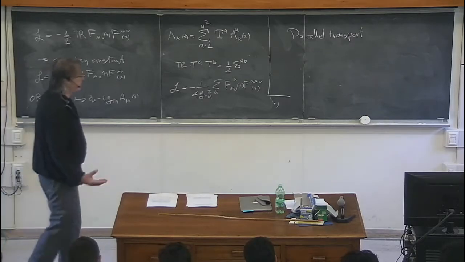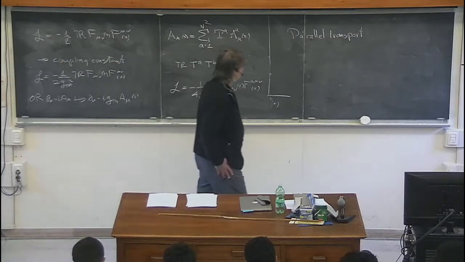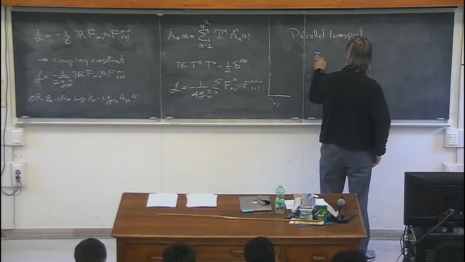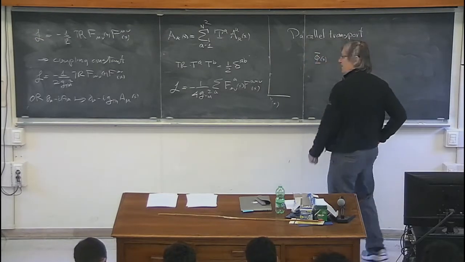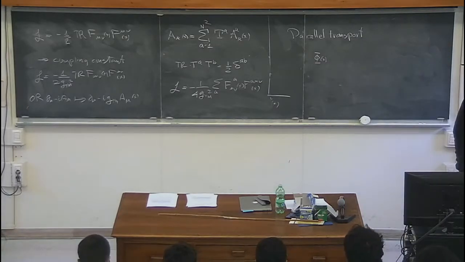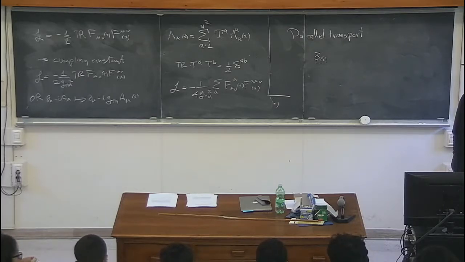This convention should be compatible with the geometry. Maybe transporting is not quite the right way to say it. Probably it's more like comparing wave functions at different points. So you want to compare a wave function at point x with one at point y.